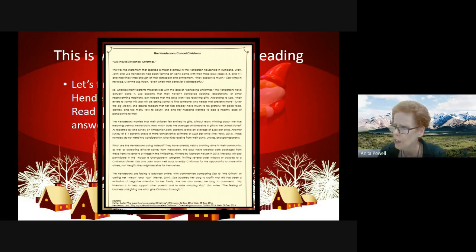According to Lisa, their letters to Santa this year will be asking Santa to find someone who needs their presence more. She has posted this on Over the Moon. She assures readers that her kids already have much to be grateful for: good food, clothes, and too many toys to count. She and her husband wanted to add a healthy dose of perspective to that.